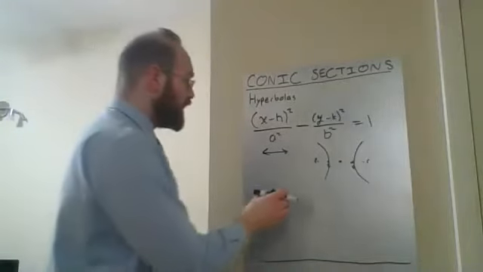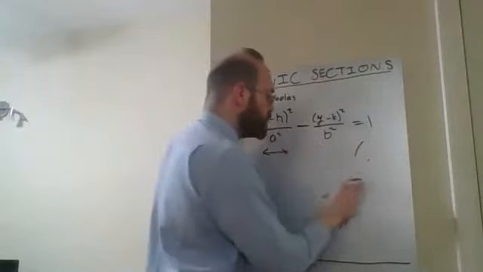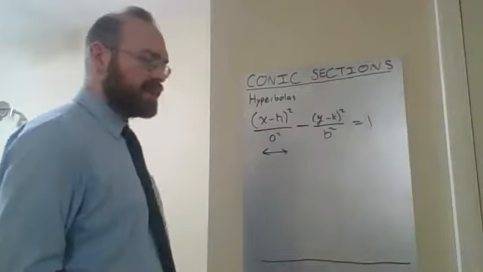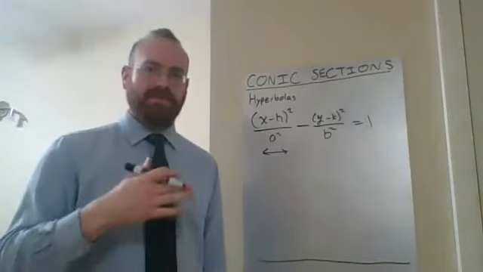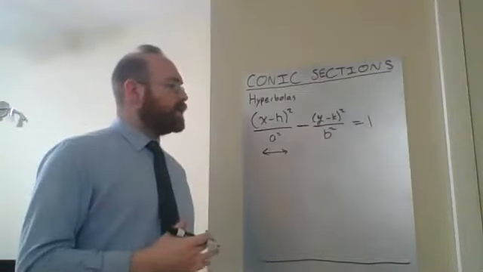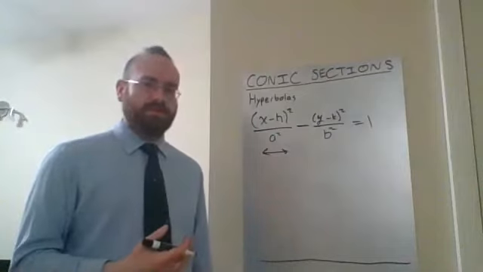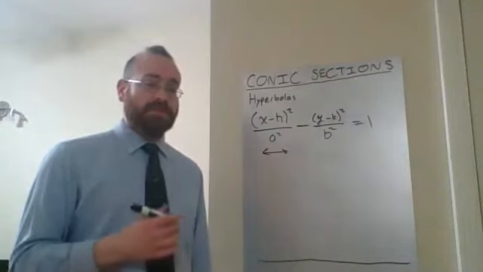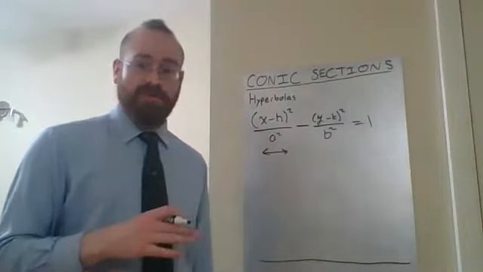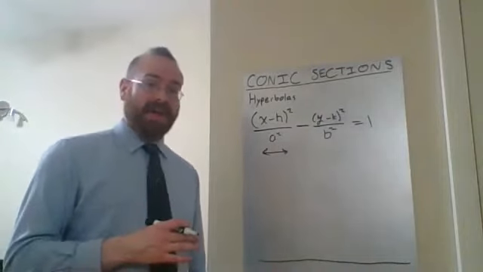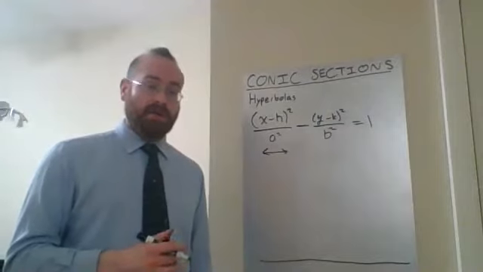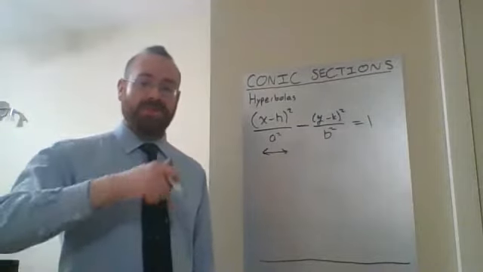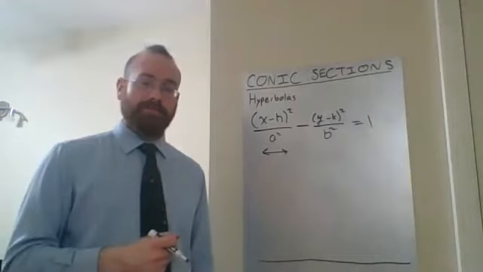So if we're going to rotate this picture so that instead the transverse axis goes up and down, how would we have to change this equation? Take 5 seconds, pause the video, and try to predict how we can change the equation to switch the orientation of the hyperbola.